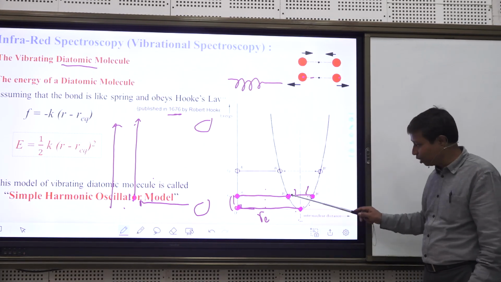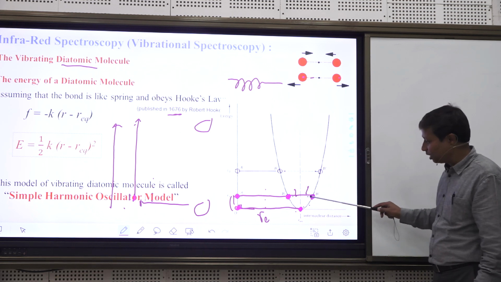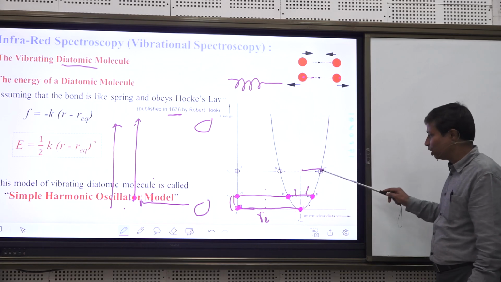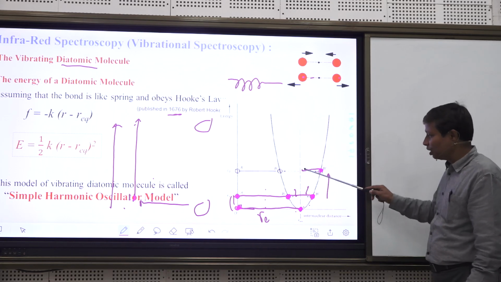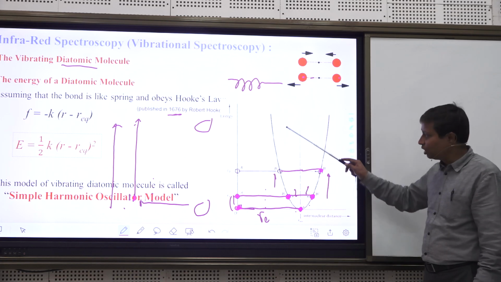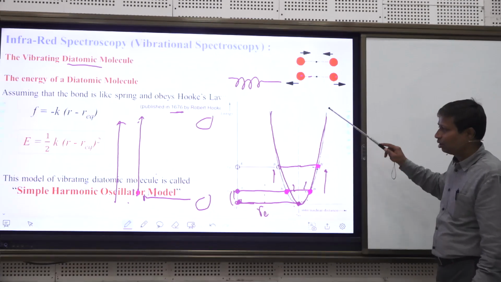Stretch more, energy will increase more; compress more, energy will increase more. This is how the potential energy surface is constructed.